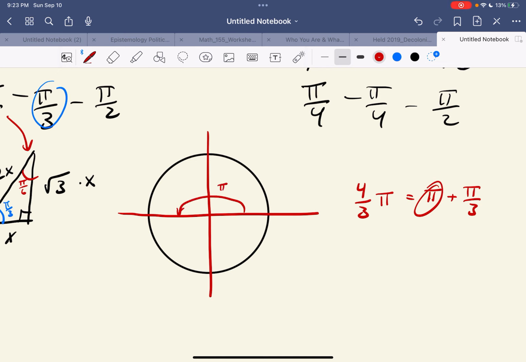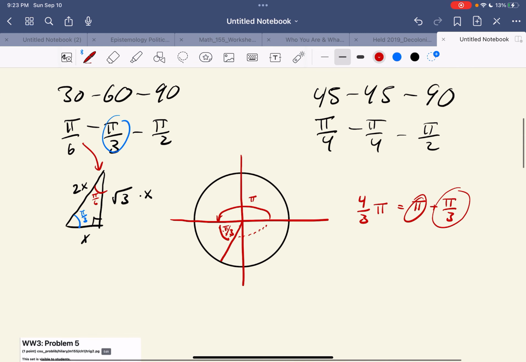There's pi. And then a third of a pi means we get a third of the way back over here. More like this. There we go. Great. So we'll call this pi over 3.